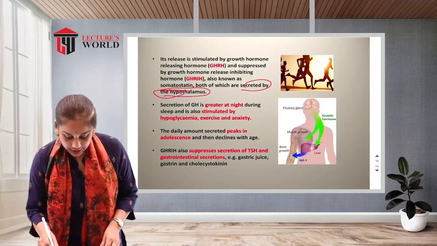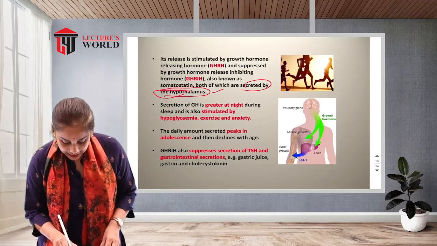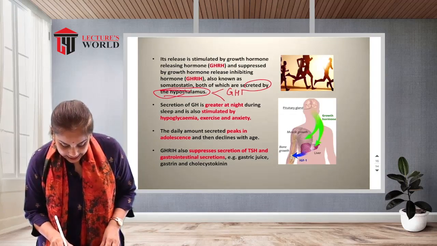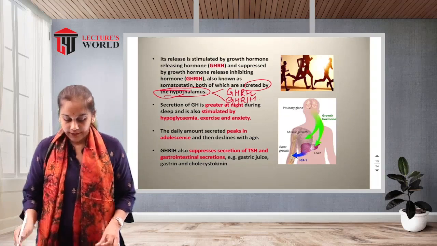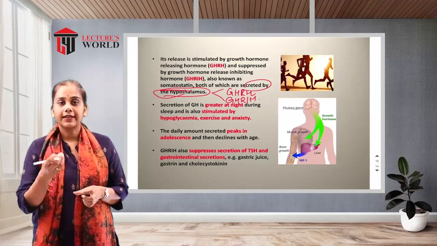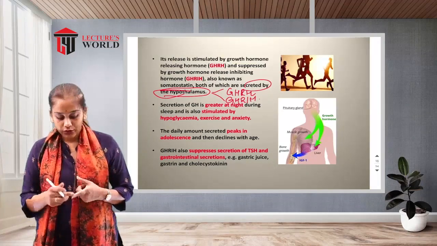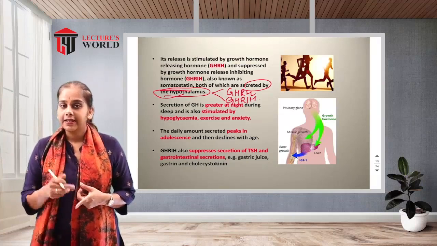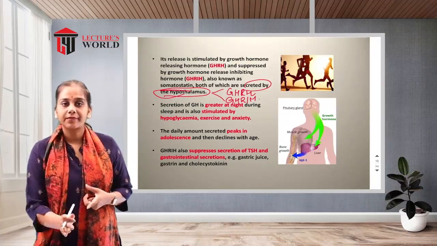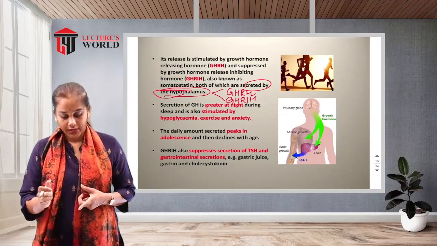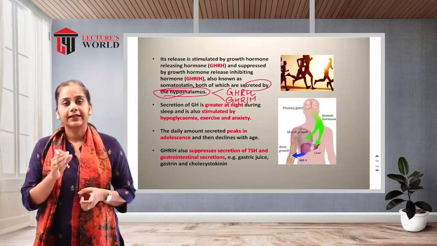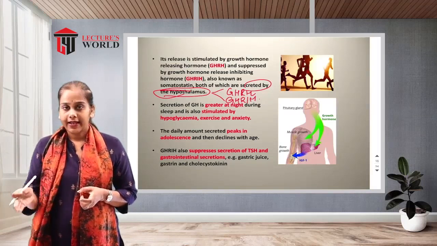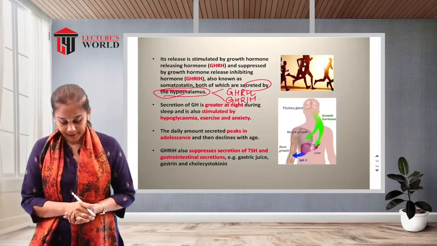GHRH releases the growth hormone, and GHRIH stops the growth hormone. They trigger the anterior pituitary gland.